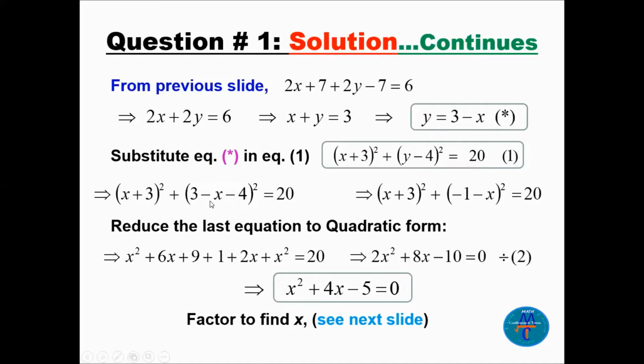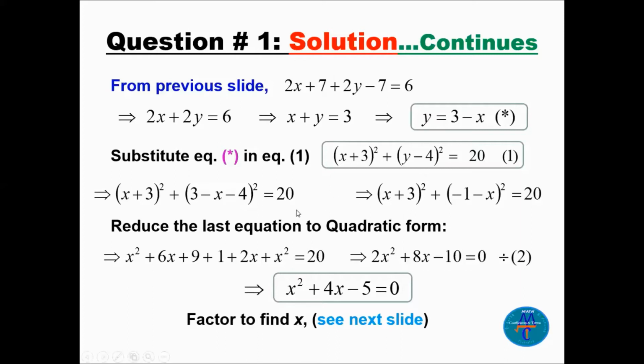You can see it here in detail: (x + 3)^2 + (3 - x - 4)^2 = 20. Now the equation becomes (x + 3)^2 + (-1 - x)^2, because 3 minus 4 is minus 1. So we can expand this one again, and this one again.